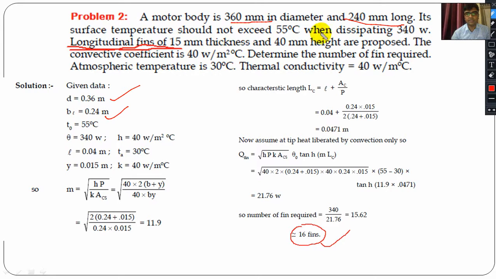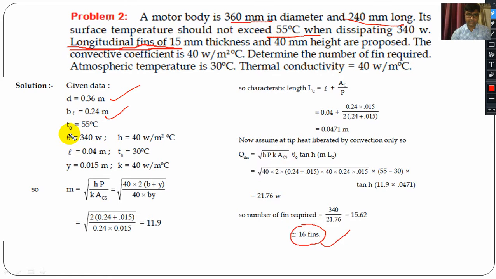Why is T naught the base temperature? Because it is written that its surface temperature should not exceed 55 degrees centigrade when dissipating 340 watt. Total heat transfer by the motor is 340 watt. So the surface temperature is not more than 55 degrees centigrade. So this is the maximum possible temperature of the surface. So you can consider T naught as 55 degrees centigrade.